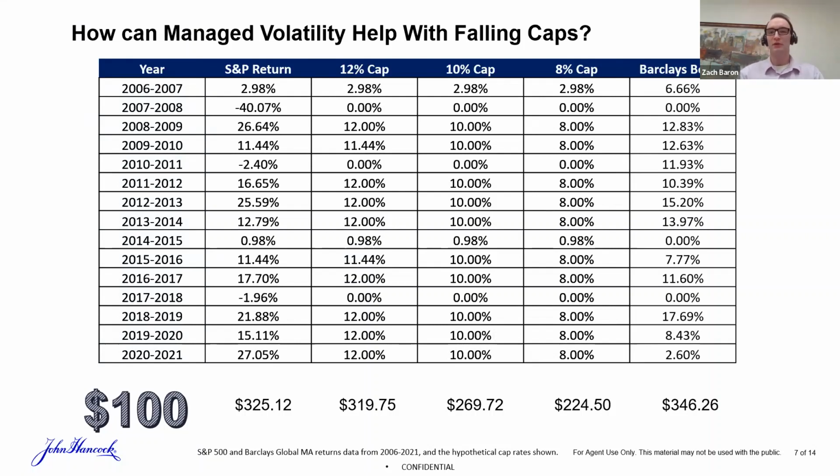And it's really important to point out here the comparison on the return year to year, right? You see, let's say 2008, 2009, the S&P is up 26%. Barclays is only up 12, 13%, right? I think in general you're not going to see those huge years that you see on the S&P. Managed volatility indexes are not supposed to have those big swing years.